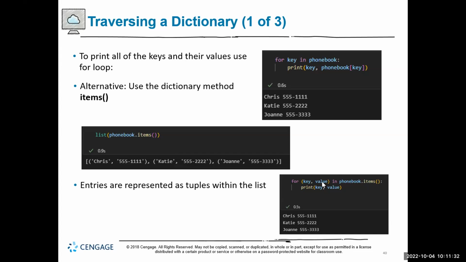And the key, value in the phone book items. Okay, so we print out both the key and value, or key, value in the phone book items. That's a list, right? You can think of this one as a list inside the list.